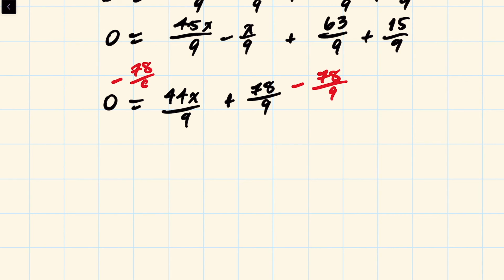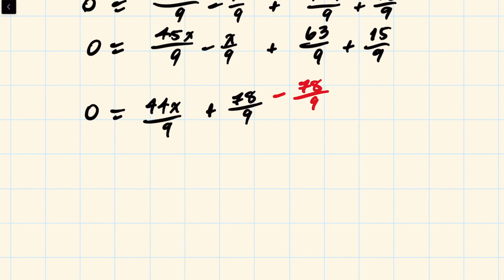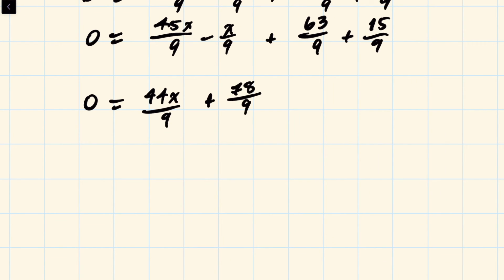Because what you do on one side, you must do on the other. So negative 78 over 9 equals 44x over 9.